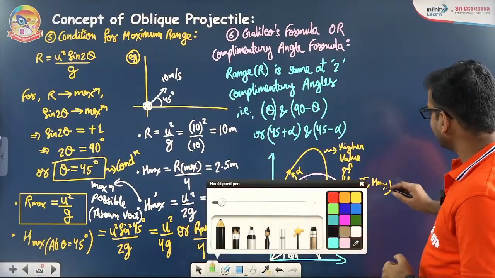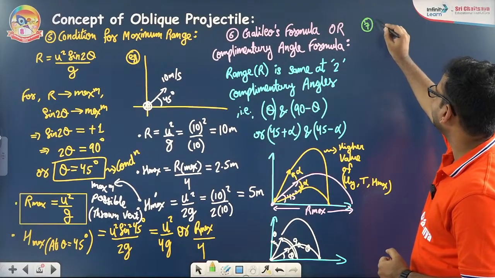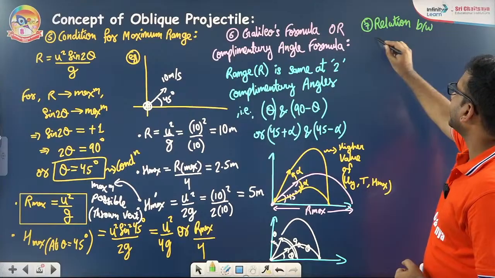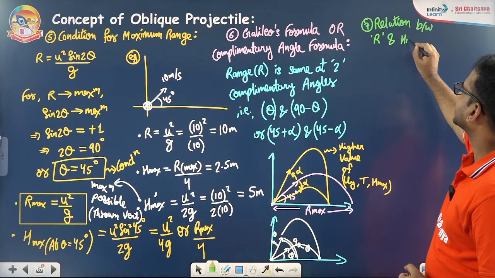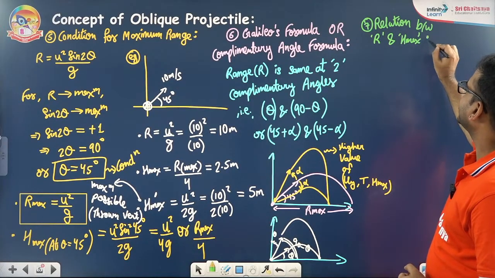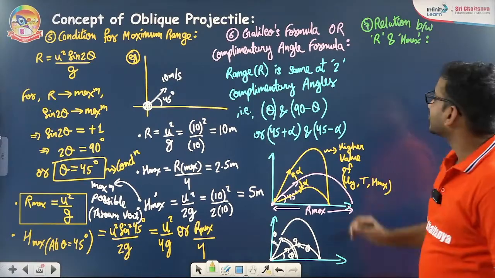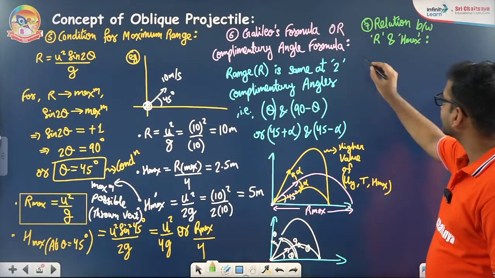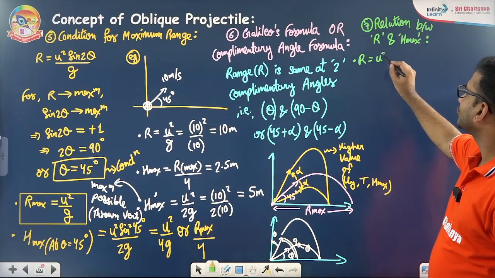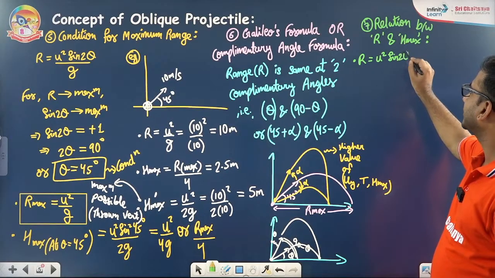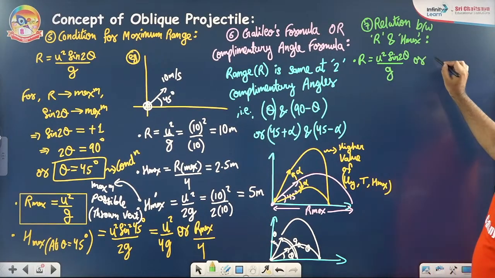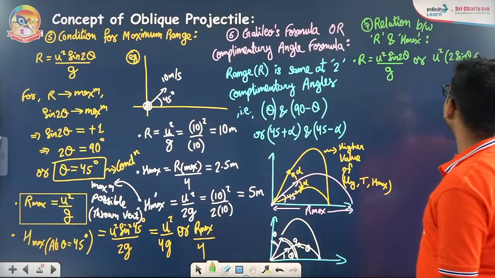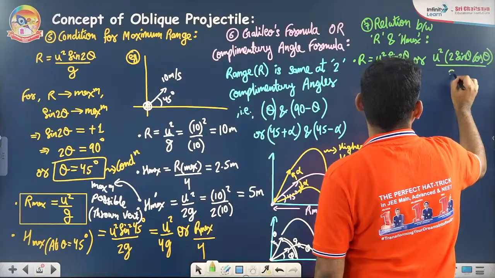Then we can talk about the relation between range and Hmax. So what is this exactly? Range R is equal to u square sine 2 theta by g, which can be broken down as u square 2 sine theta cos theta by g.